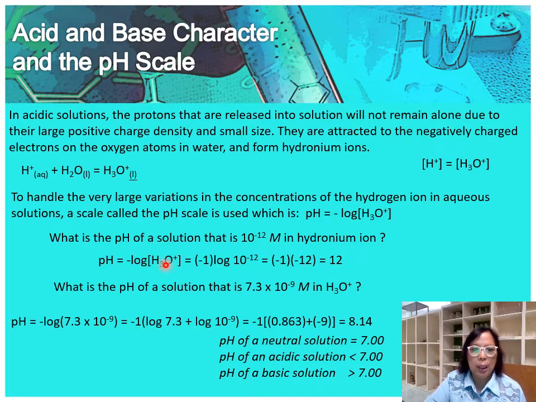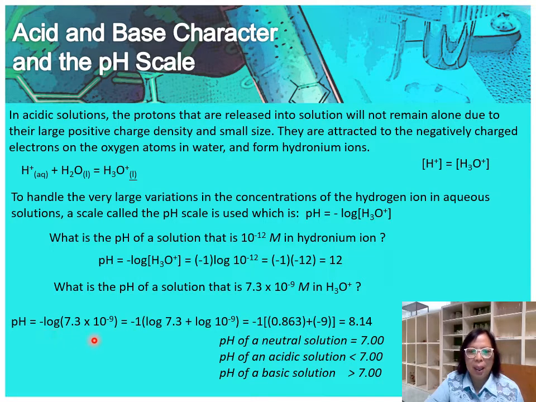So if you are asked what is the pH of a solution that is 10 to the negative 12 M in hydronium ion, it simply means that it is a solution with a pH of 12. If you are asked what is the pH of a solution that is 7.3 times 10 to the negative 9 M, then the pH can be written as negative log of 7.3 times 10 to the negative 9.